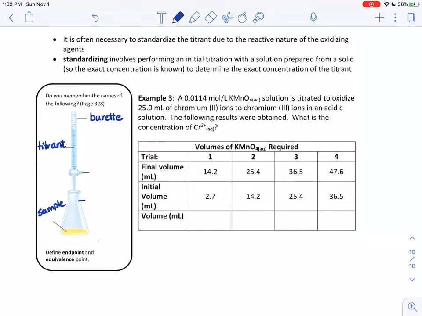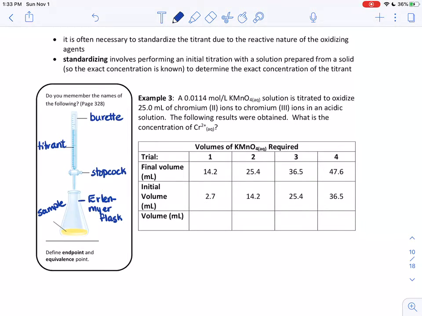Remember, I didn't label this, but you use an Erlenmeyer flask to prevent the liquids from spilling out. It's cone shaped, which helps keep the liquid inside. And your volume is controlled by what's called the stopcock. Remember that if it's in line with the burette, you've got your titrant flowing into the flask. If it's horizontal to the burette, then the liquid stops.